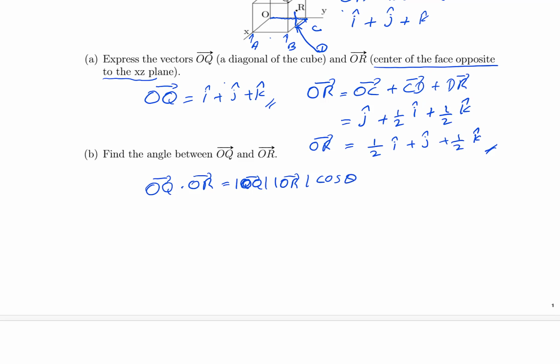Theta is the angle between OQ and OR, right? If you draw OQ like this and OR like that, this is the theta. Think that way, okay? So then cosine theta equals OQ dot OR divided by the magnitudes. Actually, I write it this way.